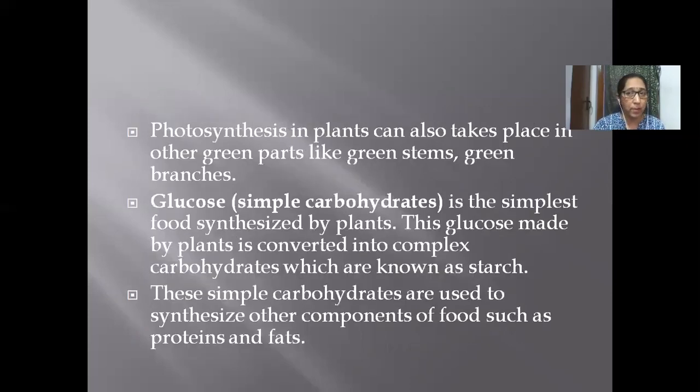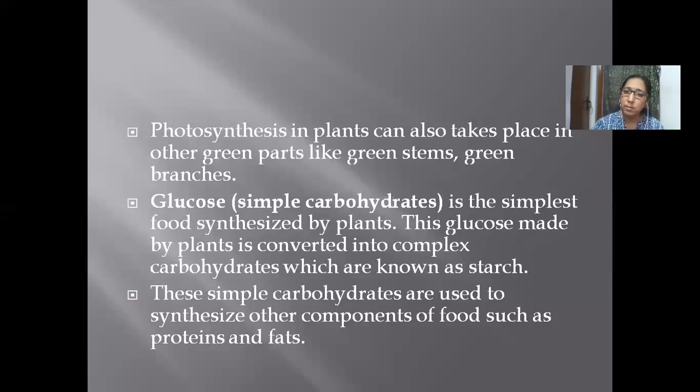So in the absence of sunlight, the plants cannot undergo the process. Photosynthesis in plants can also take place in other green parts like green stems and green branches, right? But always it is in leaves, where more and more photosynthesis is taking place.